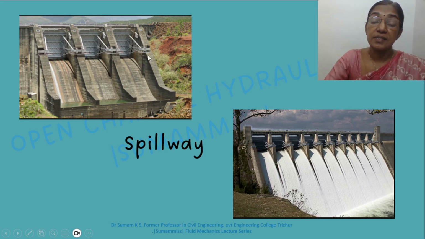When the water reaches the maximum reservoir level, the spillways are used to expel the excess water safely and in a controlled way. So the downstream portion of the spillway is designed in such a way that it can dissipate the entire energy of this flowing water, otherwise the entire downstream structure gets destroyed.